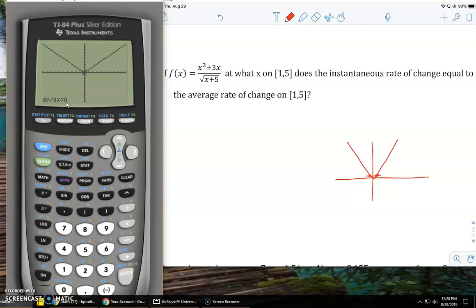And so when you do the derivative at like a cusp, the calculator sometimes gives you a value that is not true because of how it's calculating it. So I just wanted you to be aware that if you're looking at a cusp, even though the numerical derivative will give you something, you have to be smarter than your calculator and know that that derivative does not exist at that point.